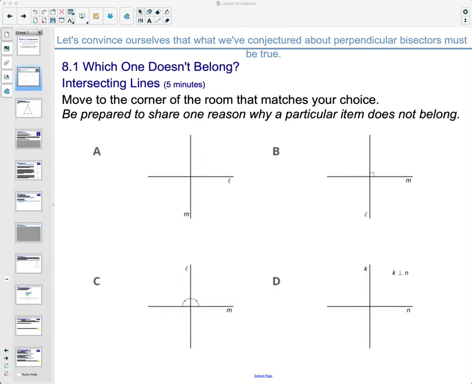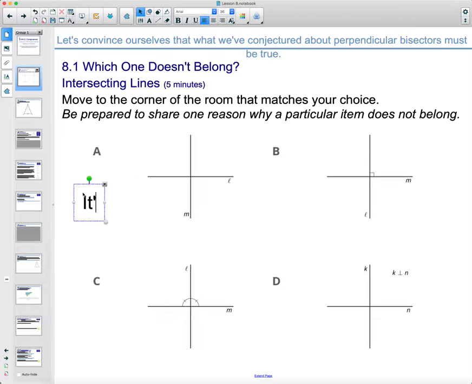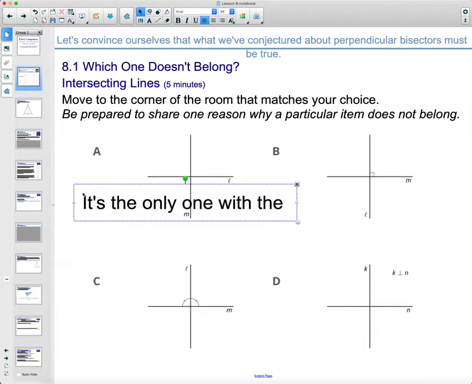You could have come up with a variety of reasons for which one does and doesn't belong. So maybe you said A doesn't belong. It's the only one with the line L, with L horizontal.